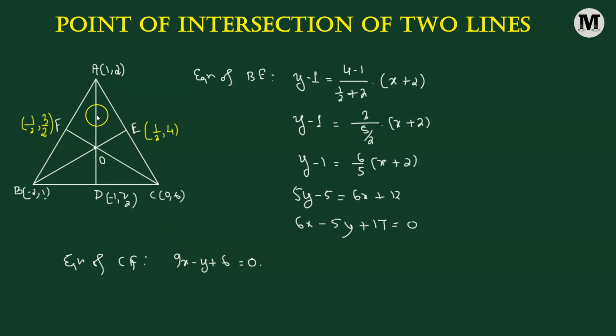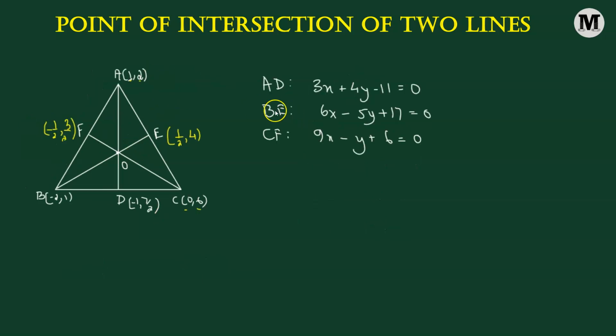So now we have obtained the equations of all three medians. Let's take two medians at a time. If we take any two equations at a time, let's take AD and BE. I'm leaving the solving part as an exercise for you to try out. When we solve AD and BE, we get x equals negative 1/3 and y equals 3.